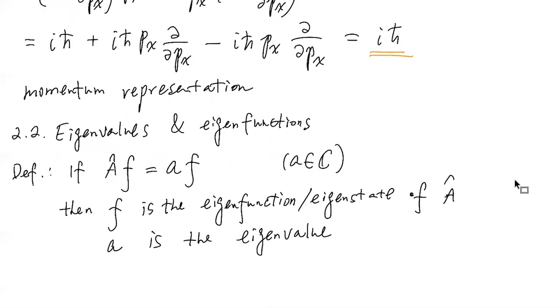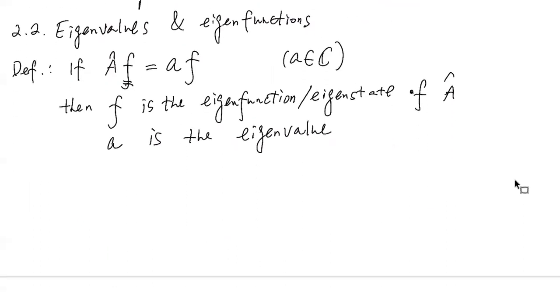Okay, this is a very straightforward definition. Actually, this is consistent with what you have learned in linear algebra. If A is a matrix times another matrix, you get a constant times another matrix. Then this matrix F is simply the eigenvector, right?